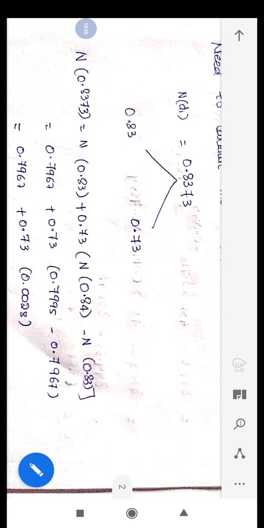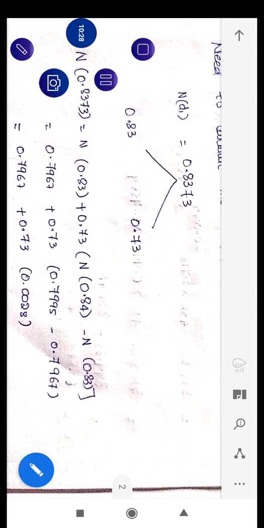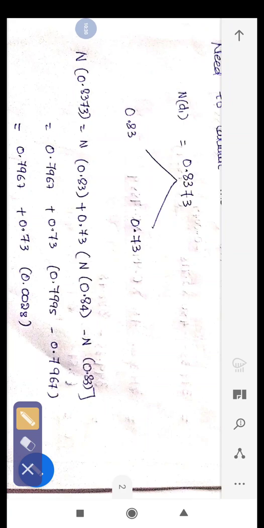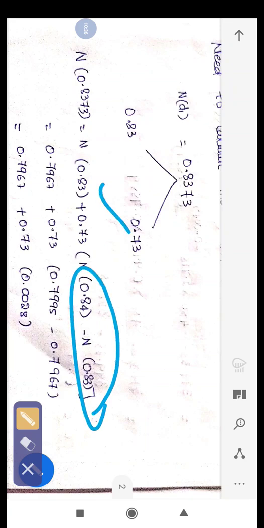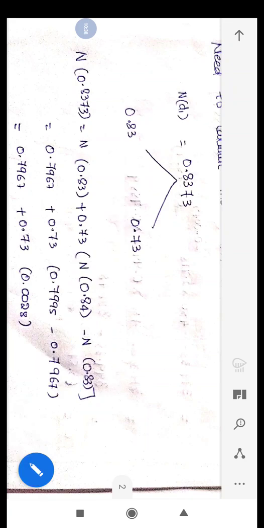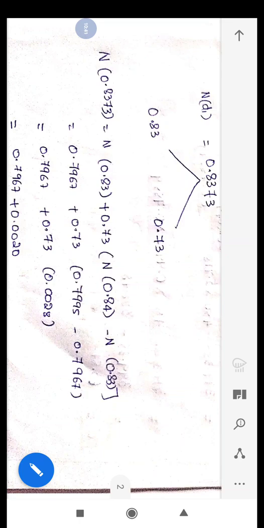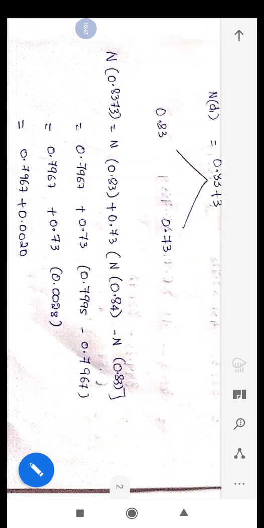So 0.84. Next, we have to deduct from N of 0.84, again, the first number, that is N of 0.83. This is the procedure which is given by the author, so you don't need to have any confusion.